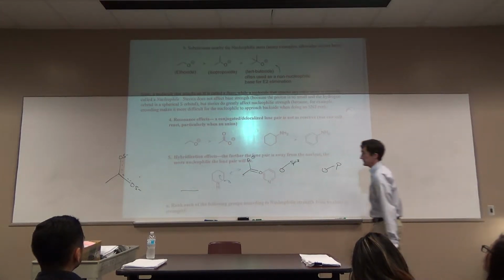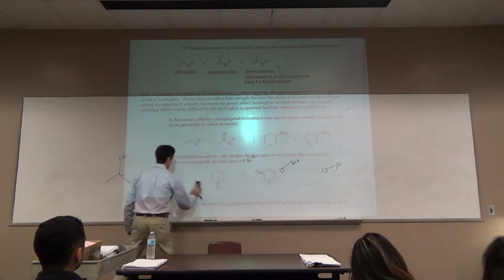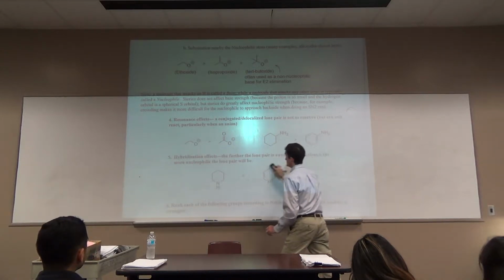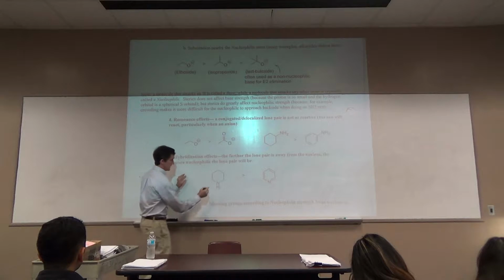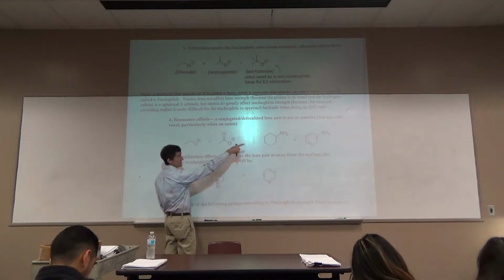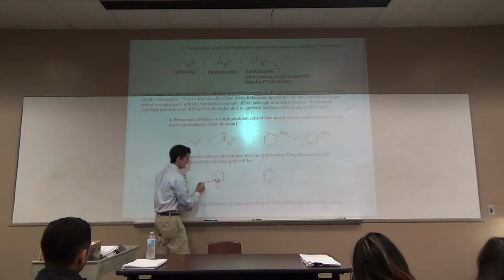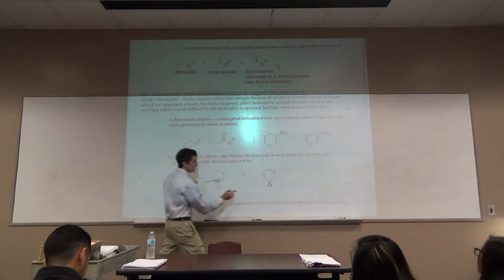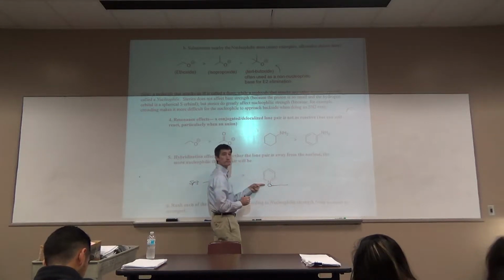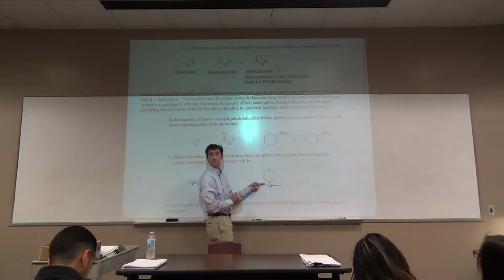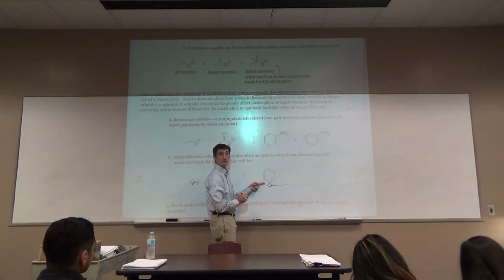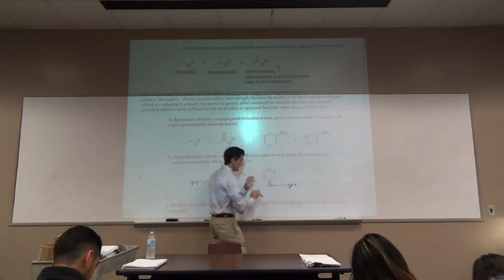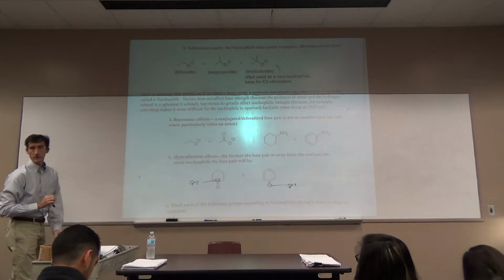Okay, hybridization effects. Again, I'd recommend pulling out your acid-base handout. We kind of did hybridization up there a little bit when we asked about the lone pair. This lone pair is in what type of orbital? sp3. This lone pair is in sp2 or p? Who says p? No, it says sp2, I'm sorry. Who says sp2? Yes, sp2. Not in a p orbital. If you graph it, you'll see it's not in a p orbital.